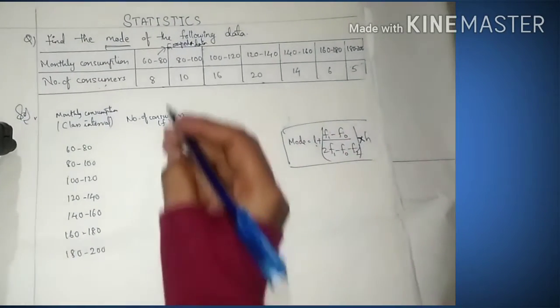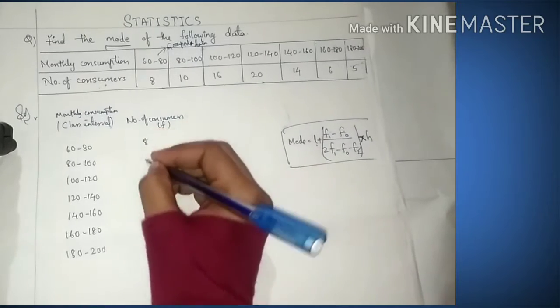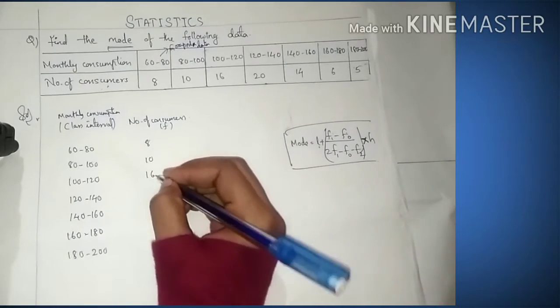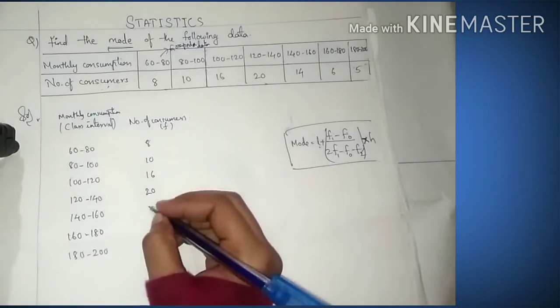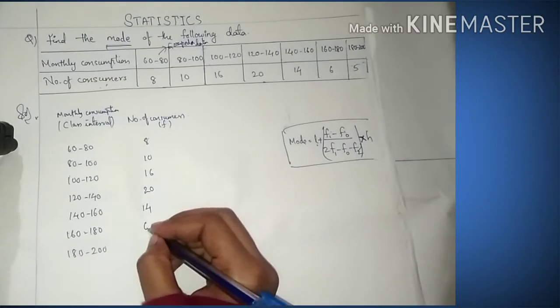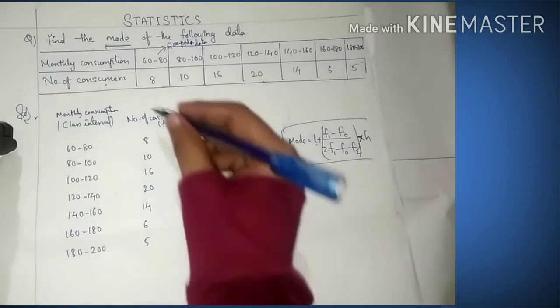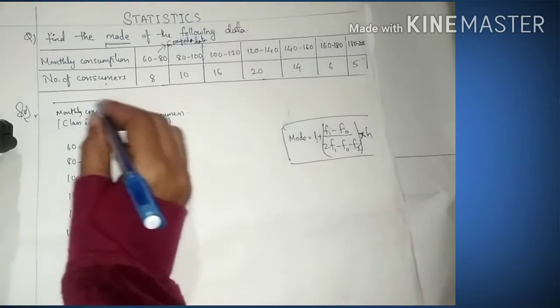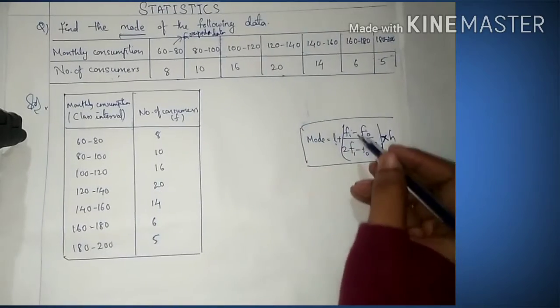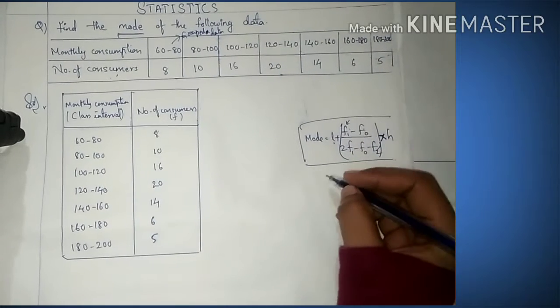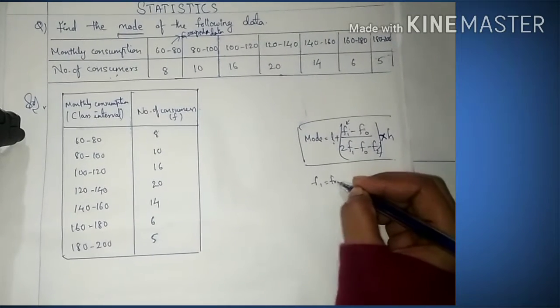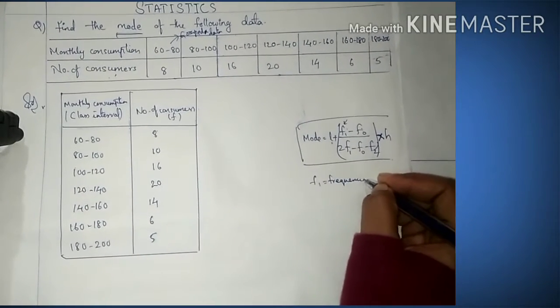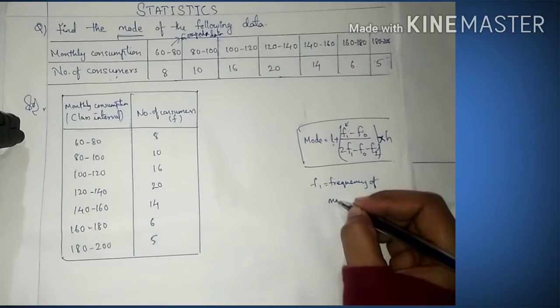After writing this, we will write the number of consumers: 8, 10, 16, 20. Don't skip a single number. Check your values once.